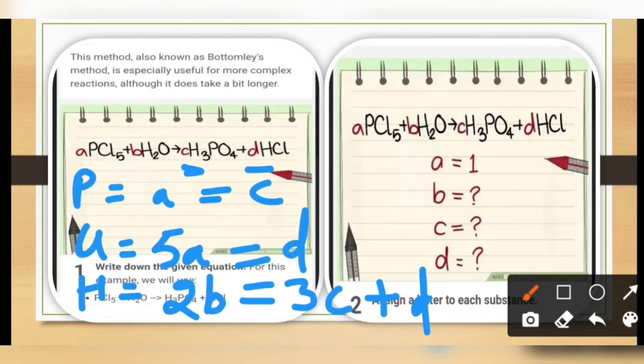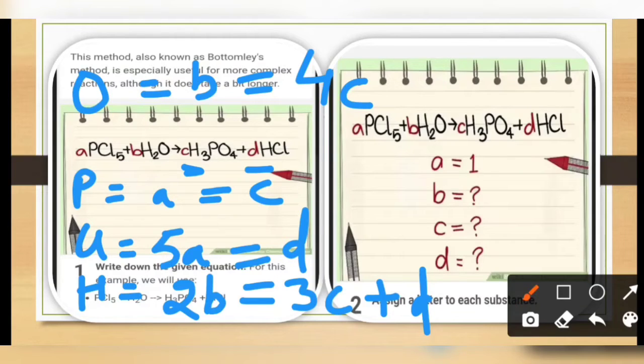Because we have to count the total number on the product side also. And for oxygen, that is B, and it should be equal to 4C.